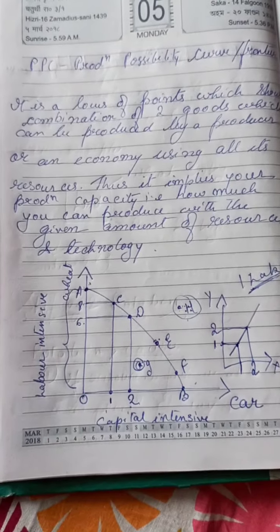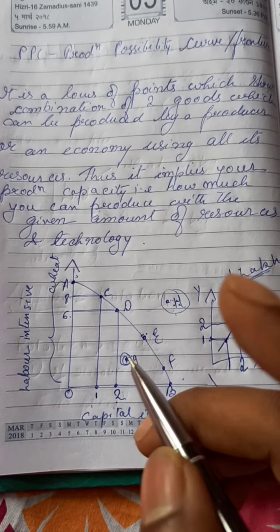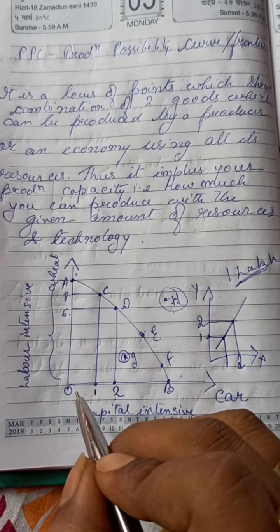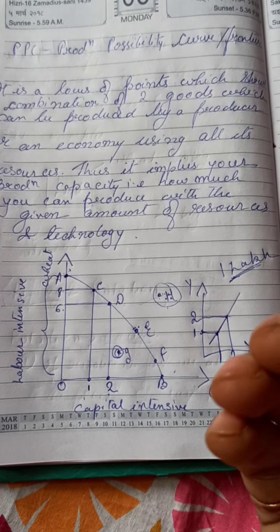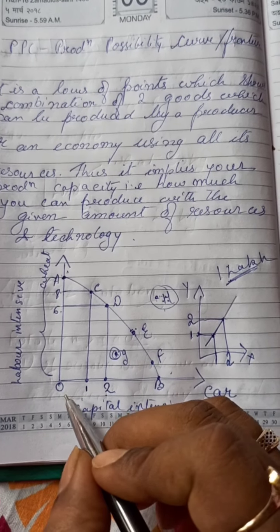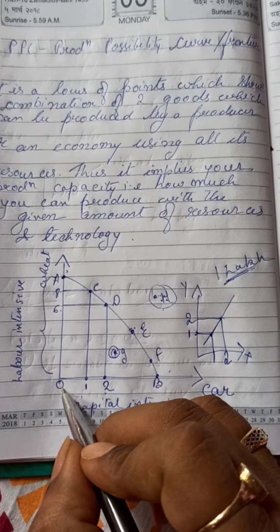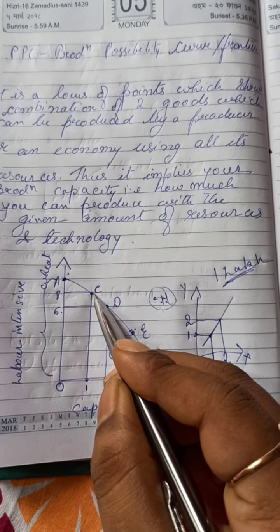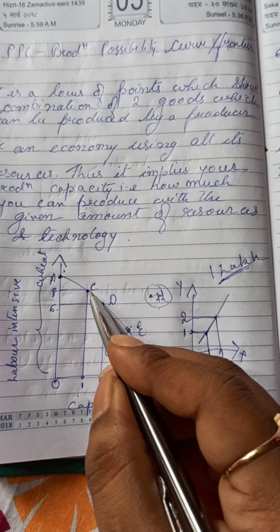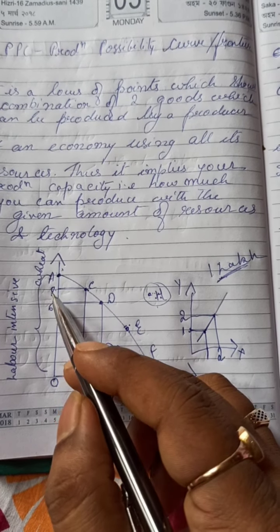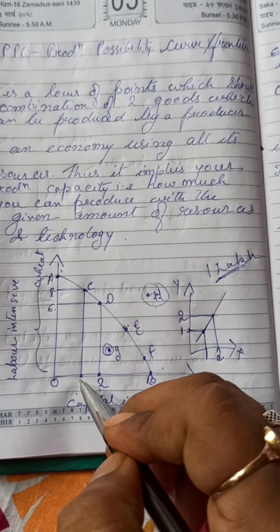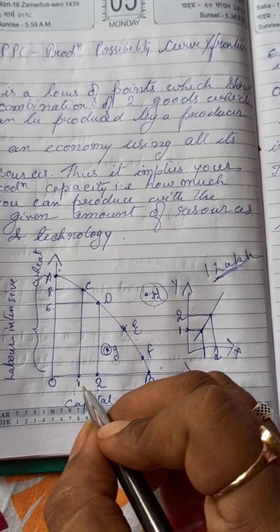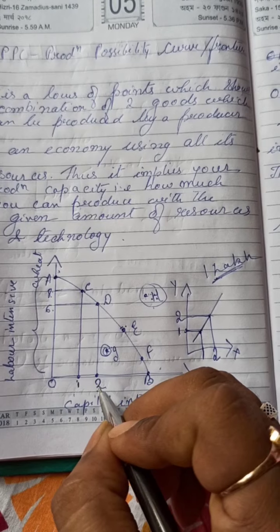However, in a negative sloping curve, we will see that if one variable increases, the other variable will decrease. See over here, initially we have this point C, which corresponds to 8 kgs of wheat and 1 car. Okay, now we want to increase the car by one amount, we want 2 cars.